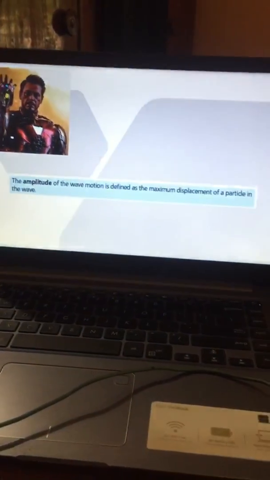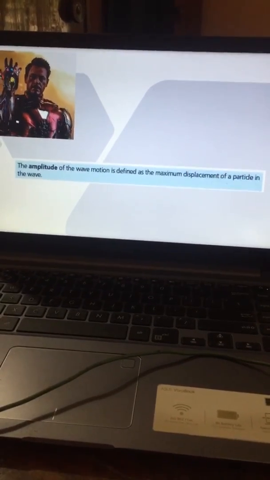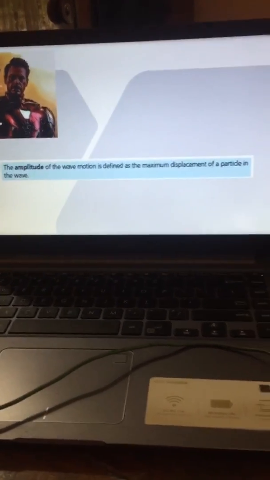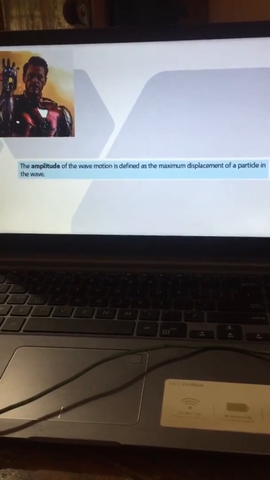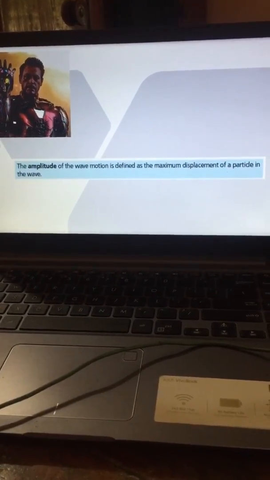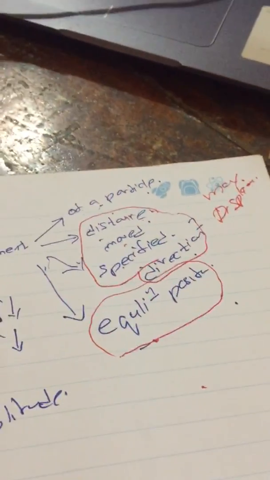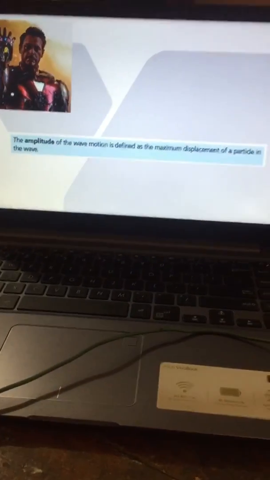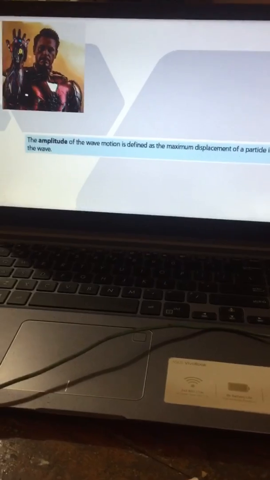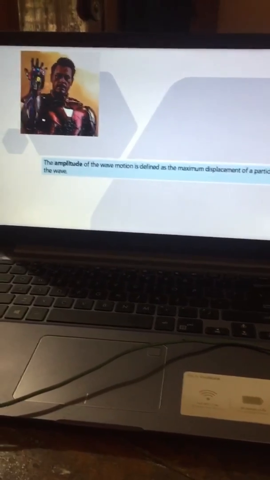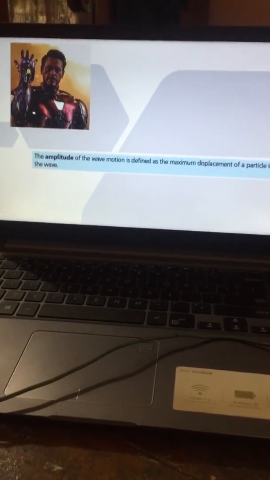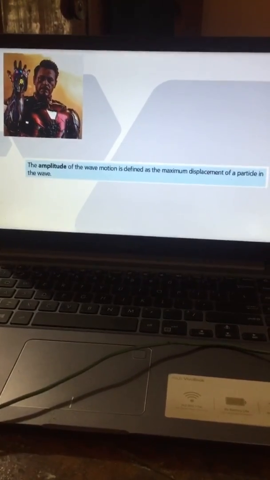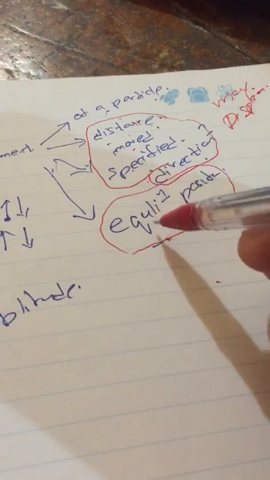That's why the definition in the book, the exact words from the Oxford publication book, omits the equilibrium position, specified direction and distance moved. But you don't know what kind of examiner is going to mark your paper, so even when you are asked to define amplitude, it's better to define it in terms of distance, in which case you have to include all these conditions as well.